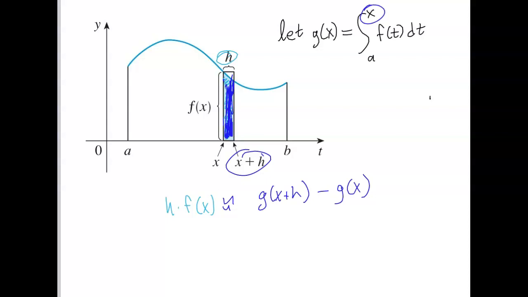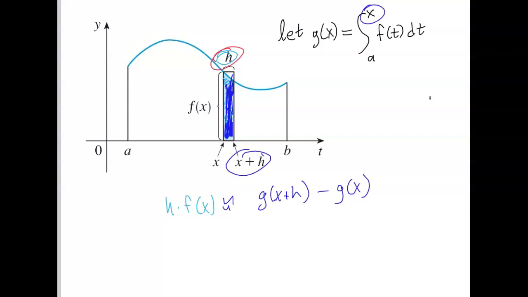All right, those are only approximately equal each other because I'm using some finite distance h. The way I could get those two things to be the exact same is let h get smaller and smaller. The thinner and thinner that rectangle, the more closely the area inside the rectangle will approximate the area under the curve inside that rectangle, right? Well, if I want it to be exactly equal, I can let h approach 0, right?